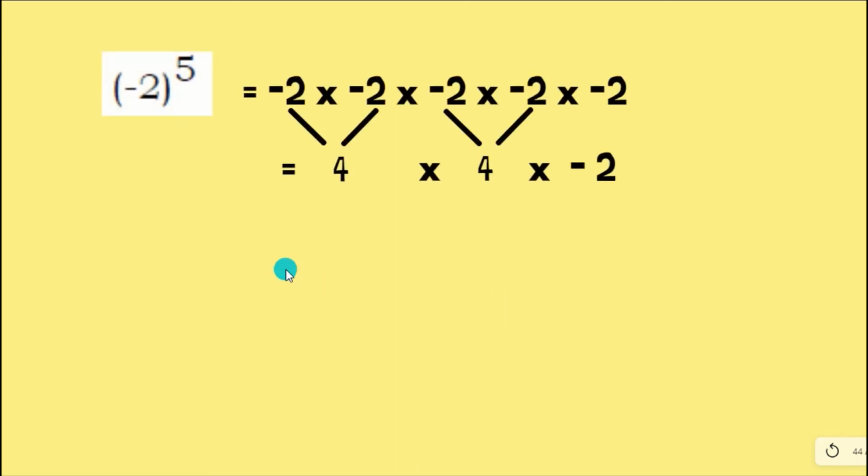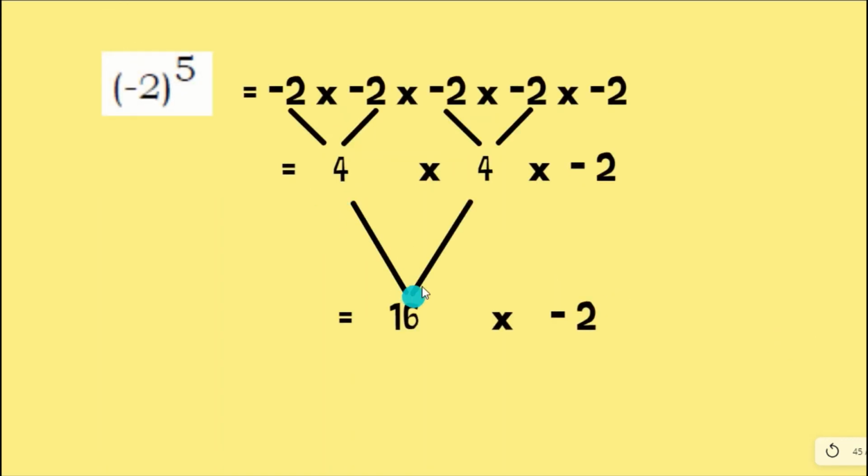So to simplify this, negative 2 times negative 2 equals positive 4. Remember, negative times negative equals positive, as well as negative 2 times negative 2. This is equal to 4. And then we will bring down negative 2. Now, 4 times 4 equals 16.